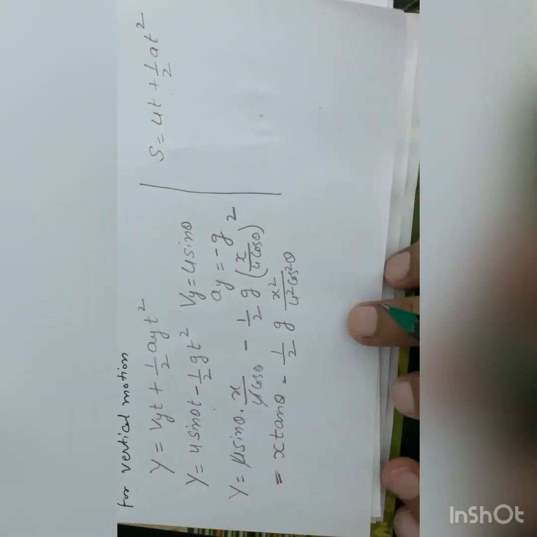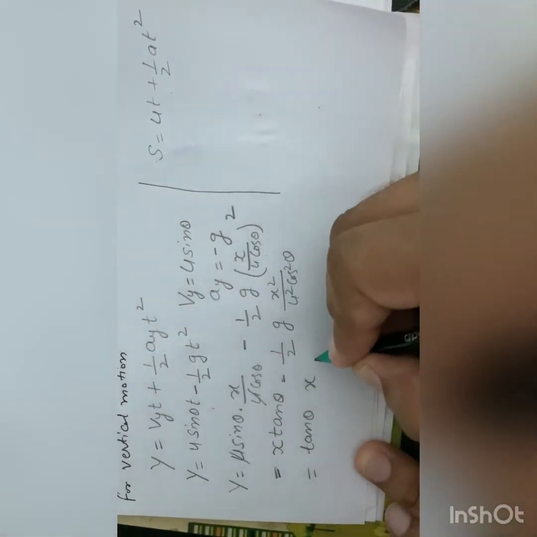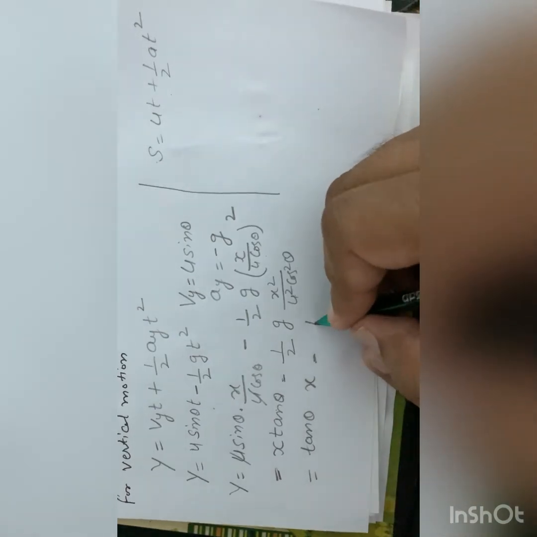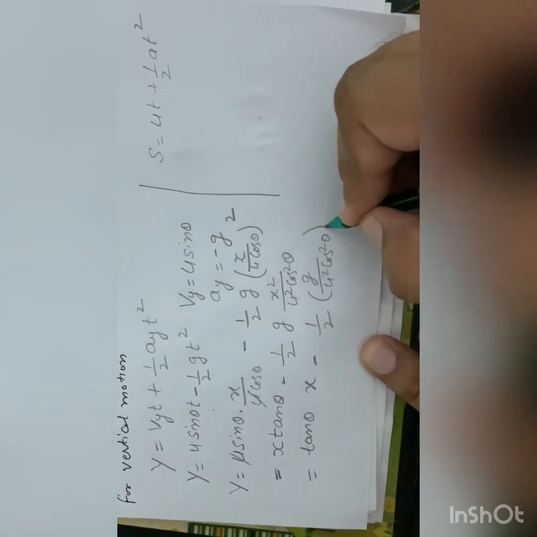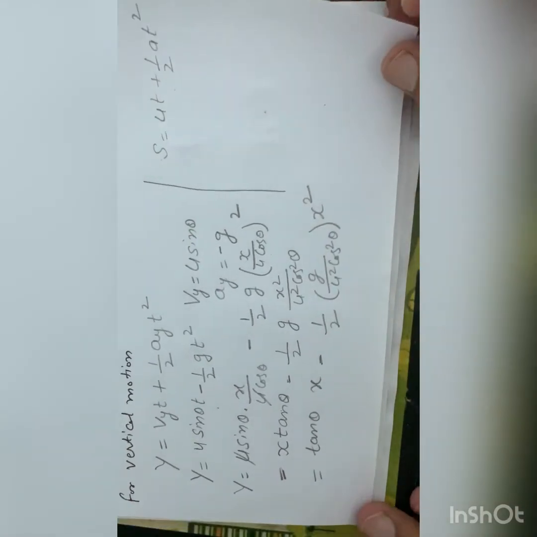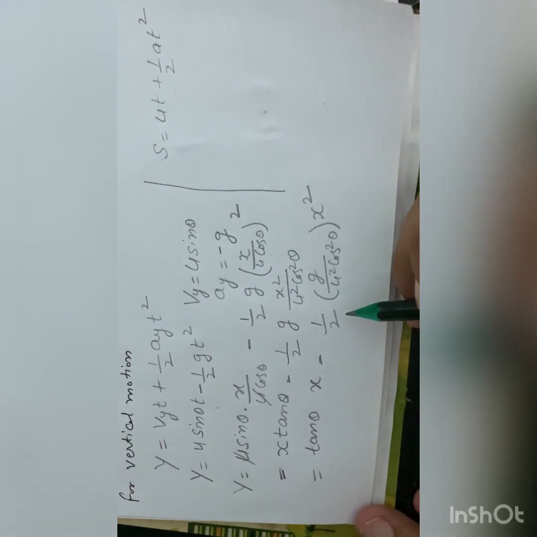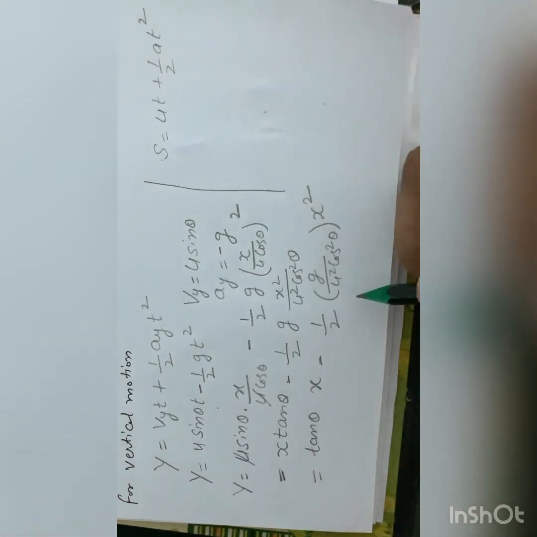Or we can write it like this: y equals tan θ x minus g over 2 u square cos square θ times x square. And this is the equation of trajectory of a projectile, and it is parabolic in shape.